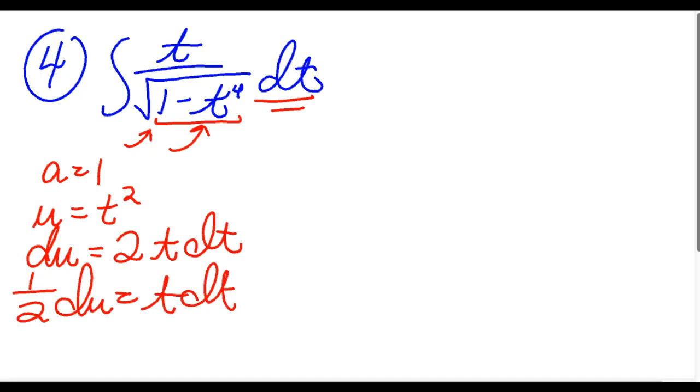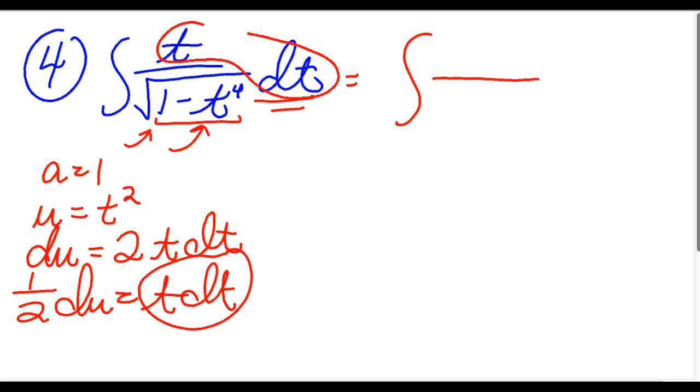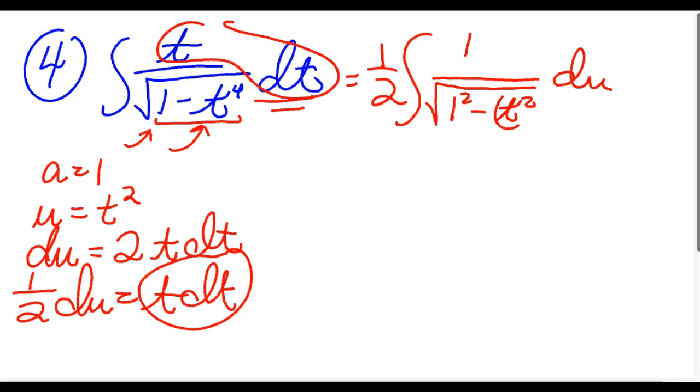So let's write this out exactly as it would look. If I were to write this out, I really have, this t dt is 1/2 du. I would have a 1 on the top, and I have a square root of a squared minus u squared. And again, I'm writing this all out because I'm teaching it.